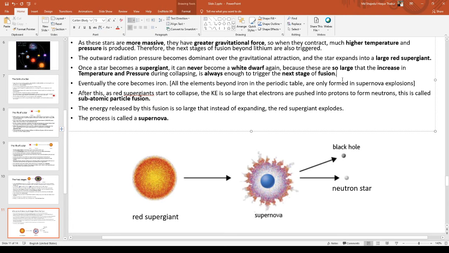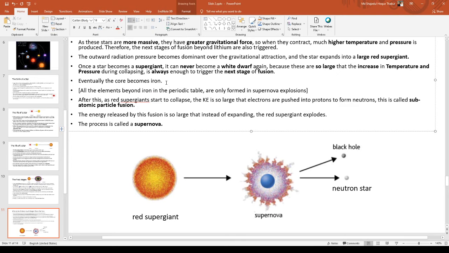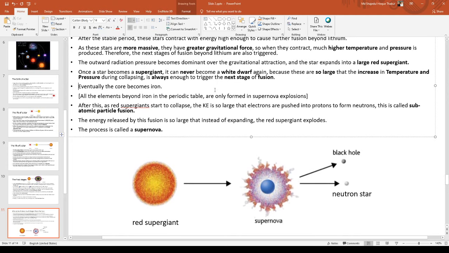So manganese fusion, chromium fusion occurs, and then the core becomes iron. So eventually the core becomes iron, because every stage of fusion before iron has occurred.